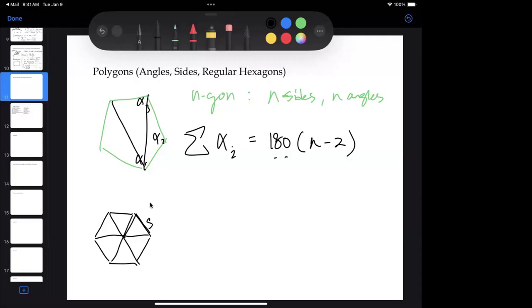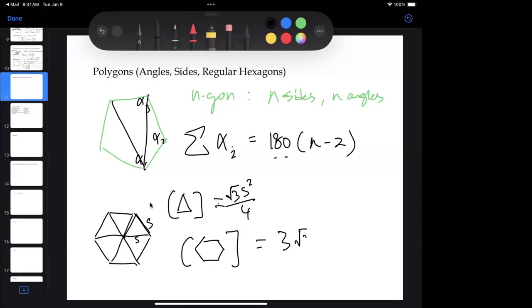So this is S. The area of an equilateral triangle is square root of 3 over 4 S squared. So the area of the whole thing is going to be 6 times that, which is this. You can memorize this, or this is a nice formula that you can derive on the spot, and it will help a lot.